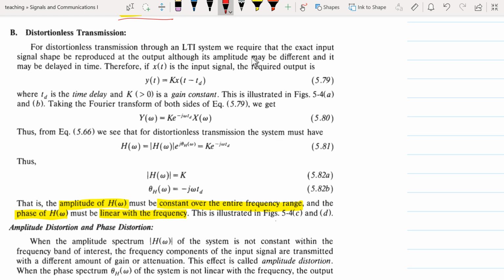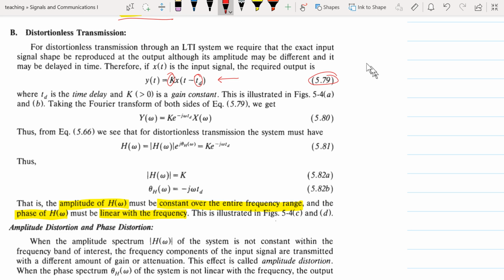That condition is described by equation 579, where K describes the gain introduced by the system, and td describes the time delay introduced by the system. If this condition is not met, then the system is said to introduce distortion to the transmission.